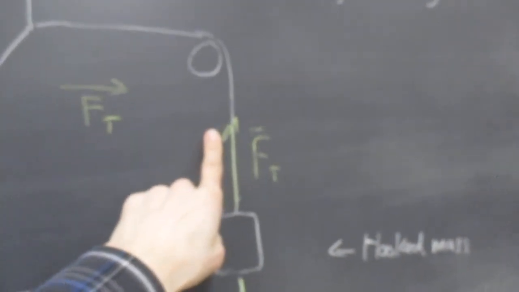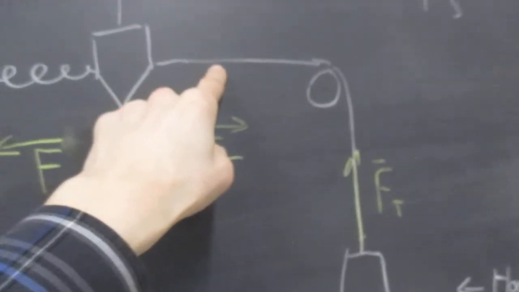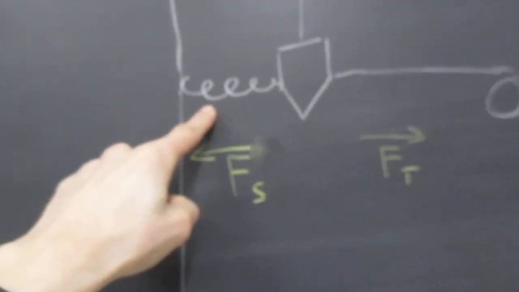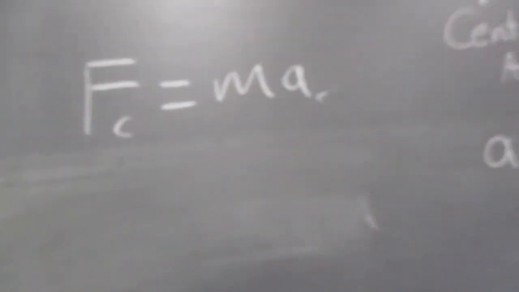Now that should be equal to the tension in the string up here, since it's not accelerating, and ignoring that pulley, that should be equal to the tension in the string here, which should be equal and opposite to the spring force. So with some reasonable certainty, we can say our spring force is equal to mass times gravity, and that's the mass that was on the hook. And we're going to compare that spring force to our centripetal force.